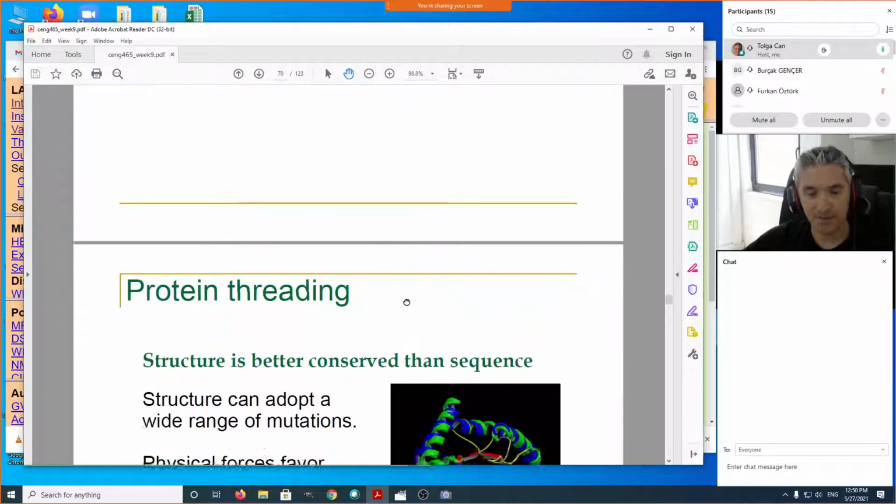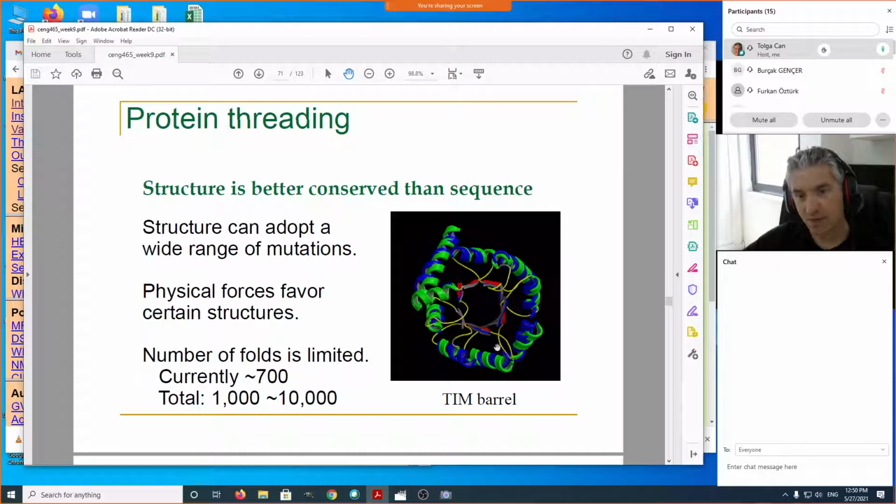And the idea is we have the shapes in the structural universe. We assume that we know quite many of them, and we have a structure library which may be composed of around 1,000 protein structures, general shapes.